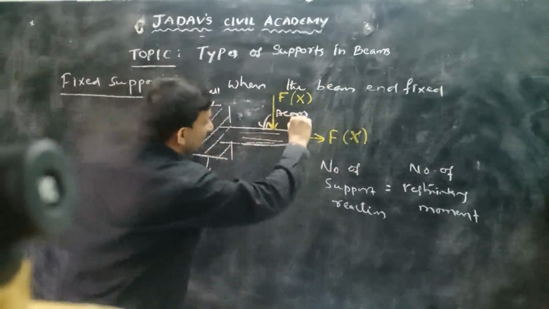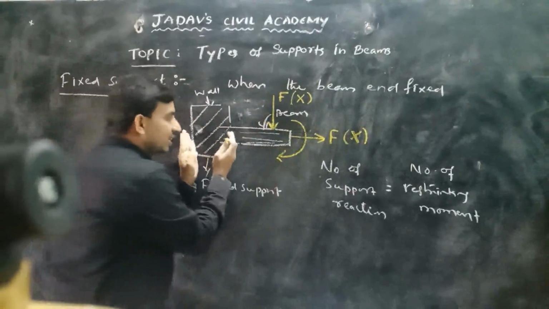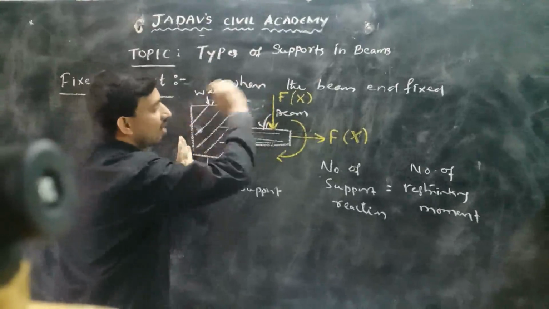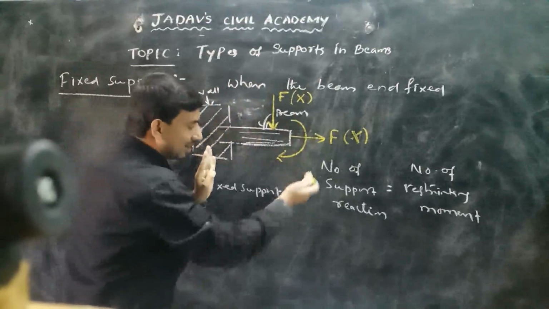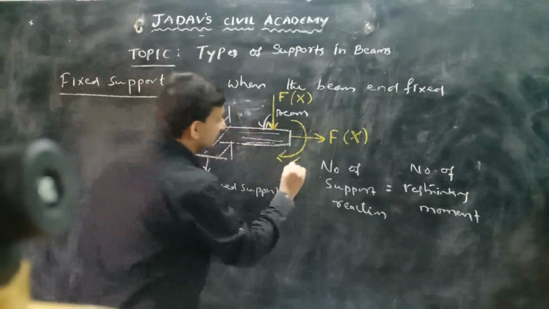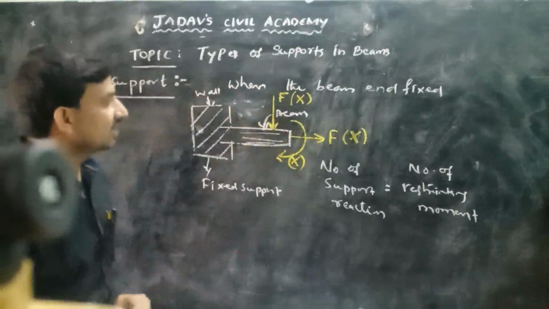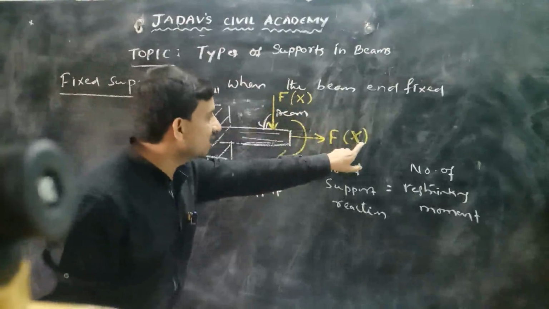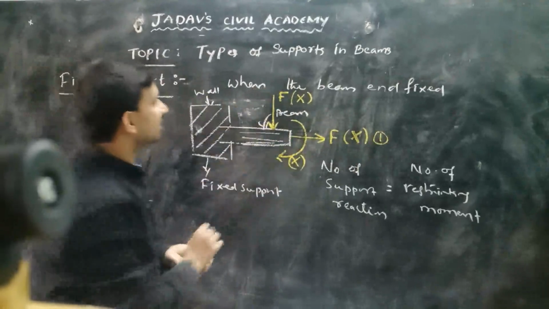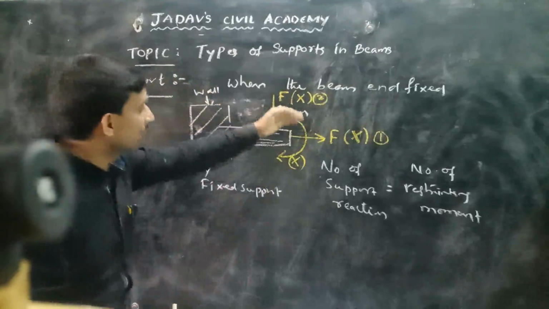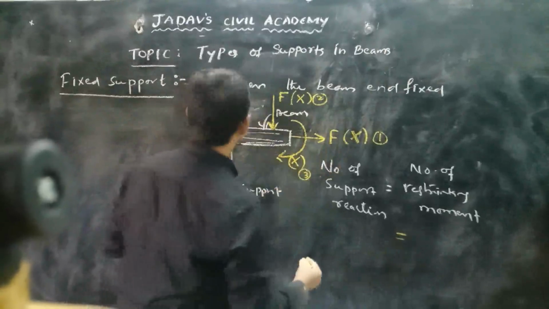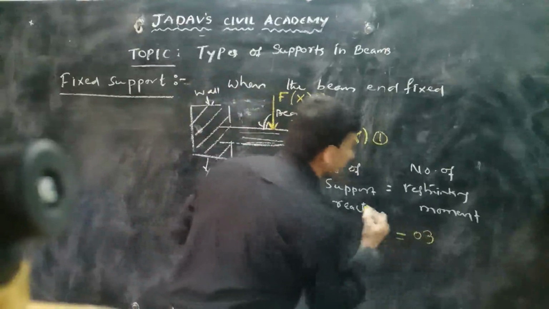And finally, if you apply any moment here, because of the fixity between the beam and the supporting wall, we don't have any clockwise or anti-clockwise movement. So the rotatory motion also is restricted. How many restricted movements are there? Horizontal translatory motion is restricted, that is 1, vertical translatory motion is restricted, that is 2, and rotatory motion is restricted, that is 3. So the total number of support reactions in a fixed support is 3.